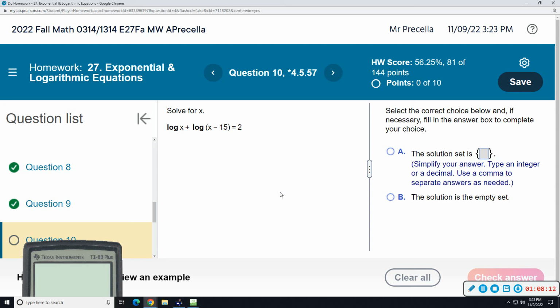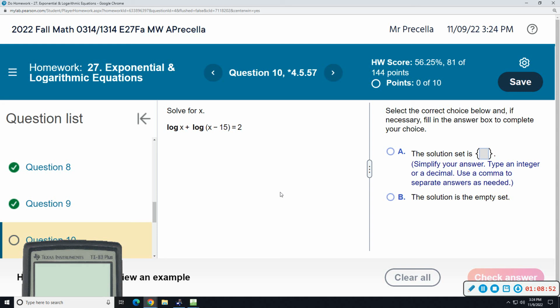Log x plus log x minus 15 equals 2. Well, the two logarithms are on the same side, so we'll condense them down.